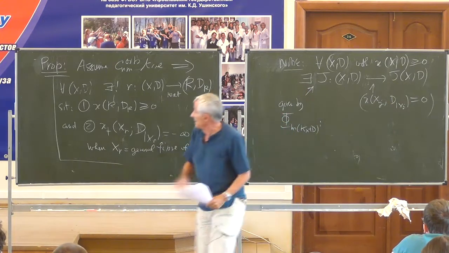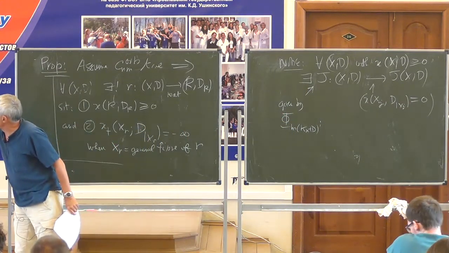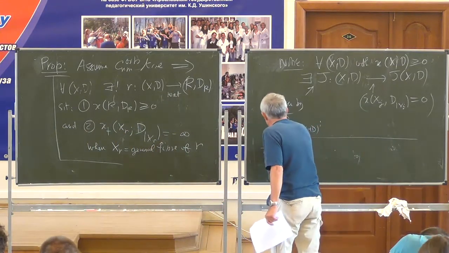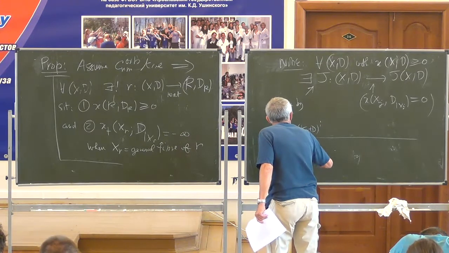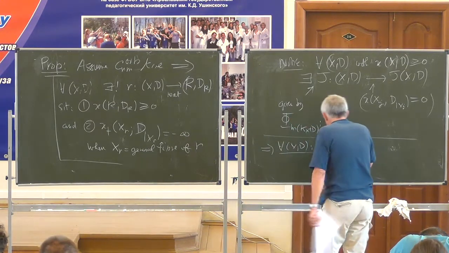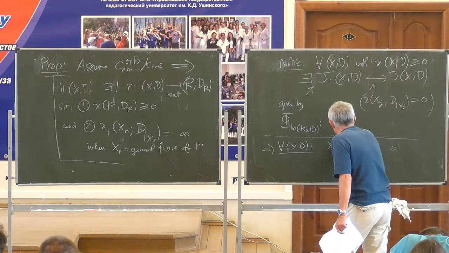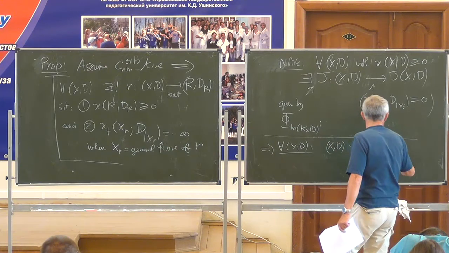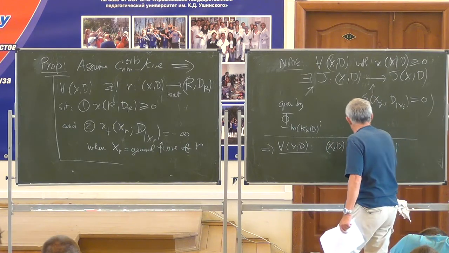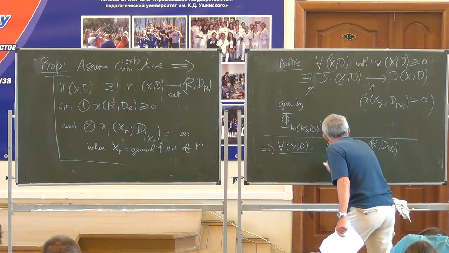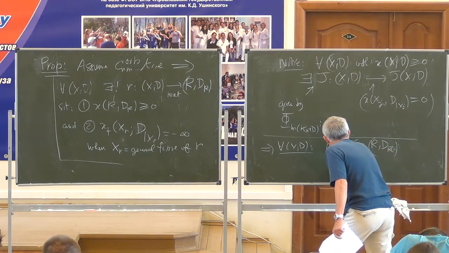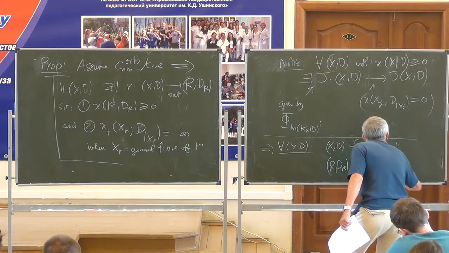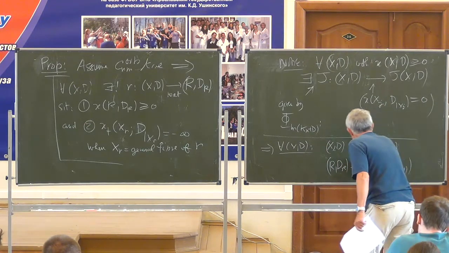So this is easy. The difficult part is this. This is exactly the same thing, and so we can now conclude for any (X, D). First we have (X, D) goes to (R, D_R), maybe D_R. So this is the map R, and next the second, (R, D_R), which goes, let me call it (X_1, D_1) as yesterday, and so this is the map.